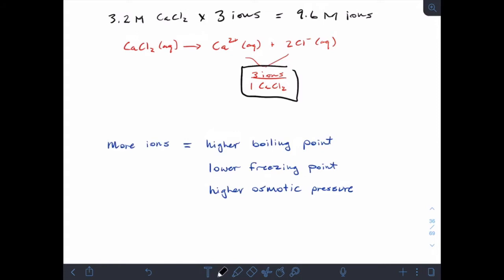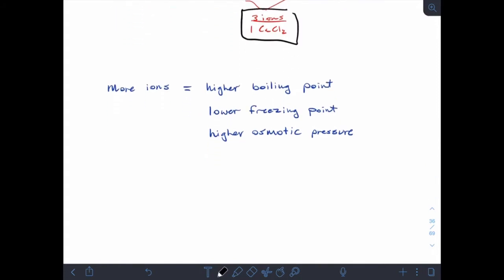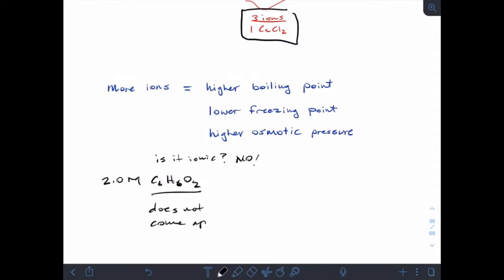Now, one more example would be something like if we had 2 molar C6H6O2. Is it ionic? And the answer is no. This thing does not come apart in water. This is actually a version of sugar. I think it's sucrose or something.